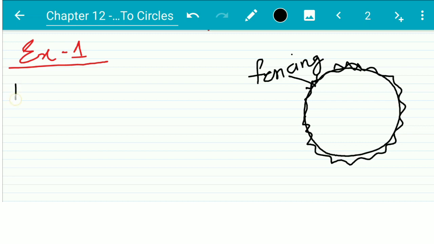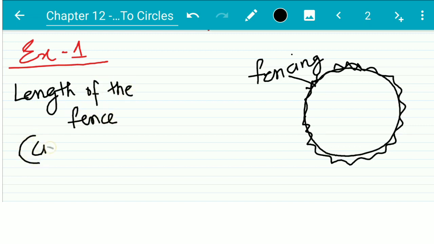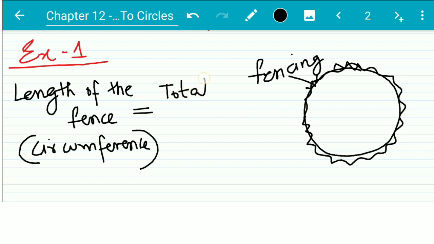So write the first one: length of the fence, which means circumference, equal to total cost divided by rate per meter.